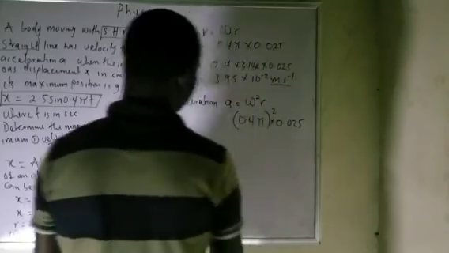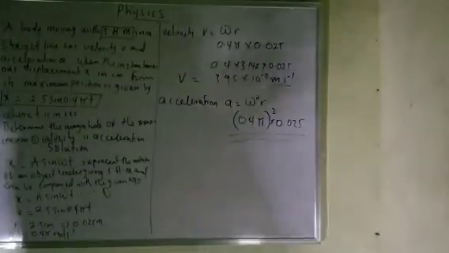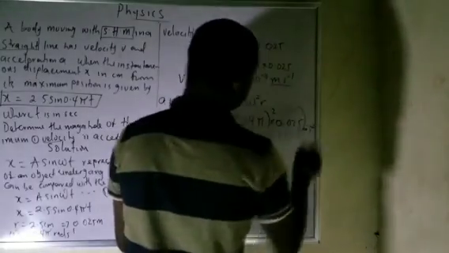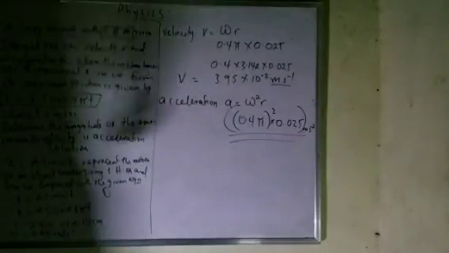Once you multiply, you can use a calculator and get what your acceleration is. Don't forget that your answer must be in meter per second squared. Okay, that's all I have for you on simple harmonic motion.